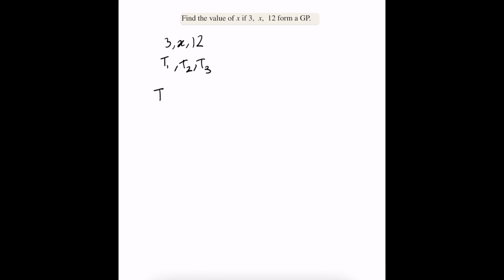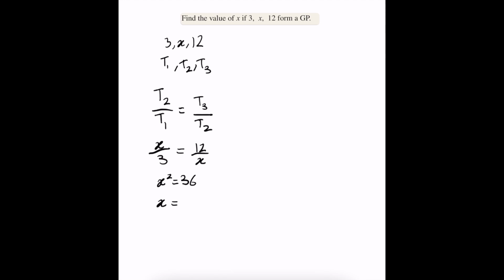Now the common ratio would be t2 over t1, and if it is a GP, this would need to be equal to t3 over t2. Now when we plug in these values, we see that it becomes x over 3 is equal to 12 over x, and what we'll then get is that x squared is equal to 36.